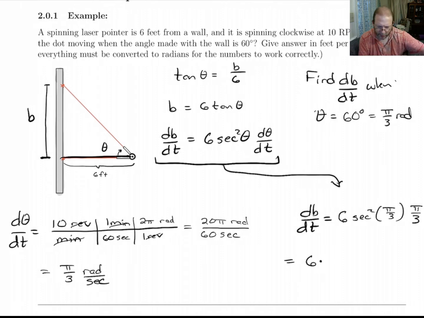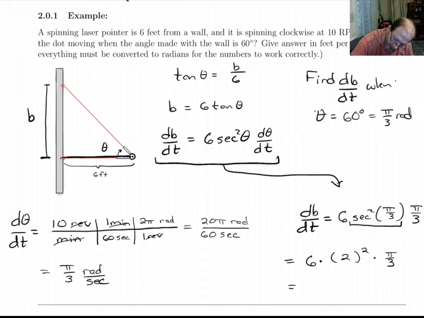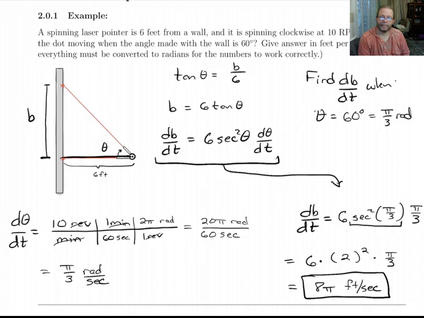What's the secant of pi over 3? Well, cosine of pi over 3 is 1/2, so secant of pi over 3 is 2. So I get 6 times 4 is 24, over 3 is 8. So I get an answer of 8 pi feet per second. All right, so 8 pi feet per second.